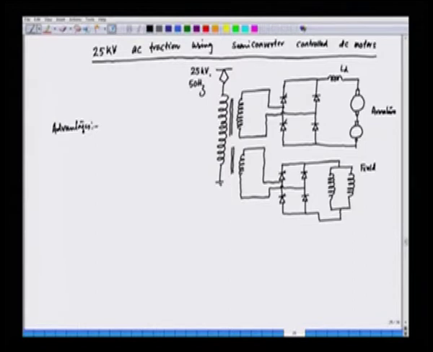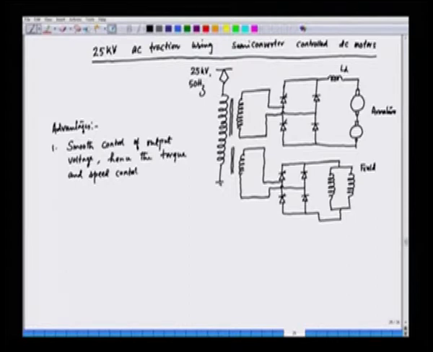Advantages are: we have smooth control of output voltage, hence the torque and speed control are smooth.